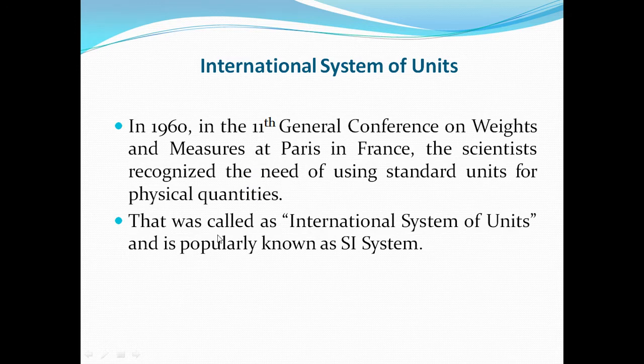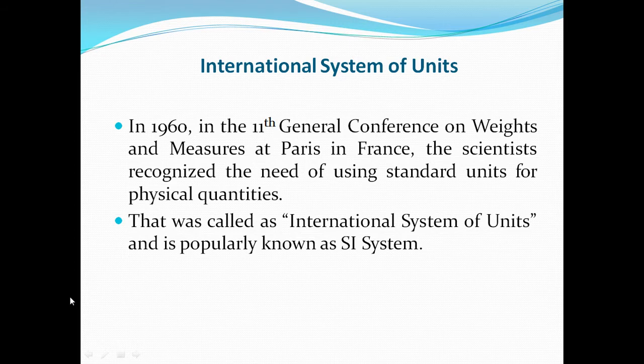So that is known as the international system of units, popularly the SI system. SI means international system of units, a very important term. SI means international system of units.